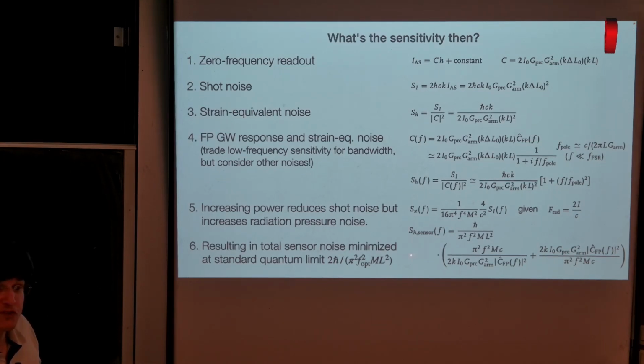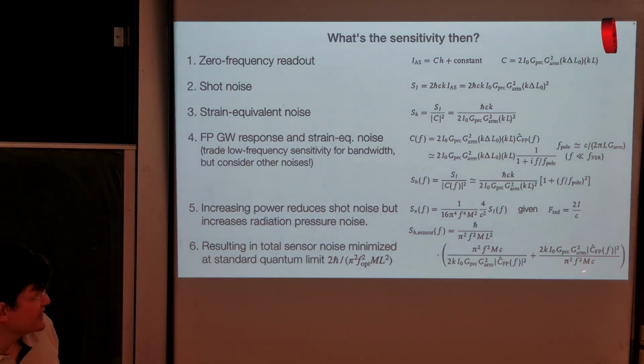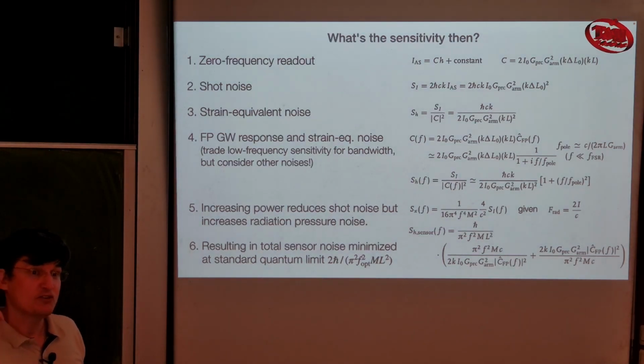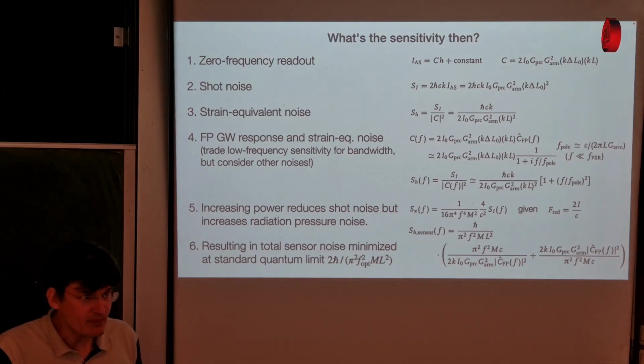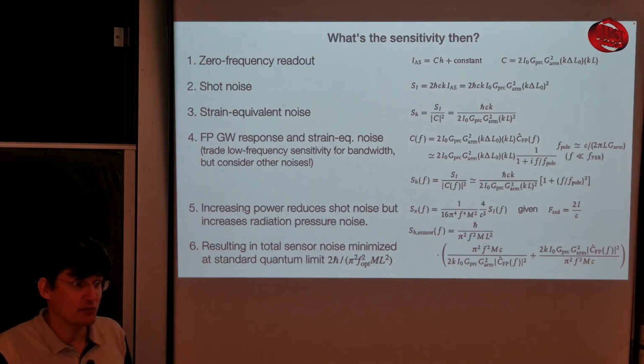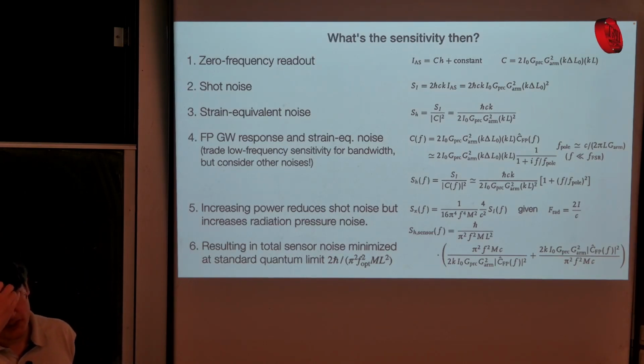It's called quantum sensor noise, and it has a term that decreases with power, which would be this one, the shot noise term. The more power you bring in and more recycling and so on, the better you're doing in your statistics. But there's a term that actually increases with power, because you're hitting the test masses with randomly, or in random events, and therefore you make them shake, and now the masses are not freely falling anymore.